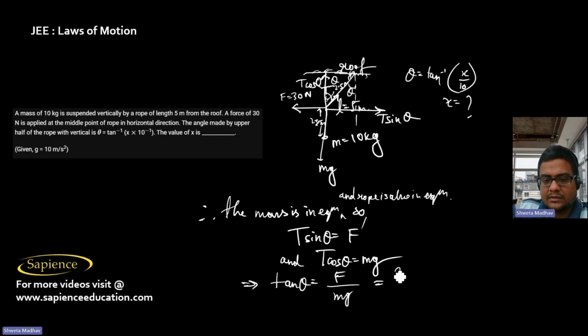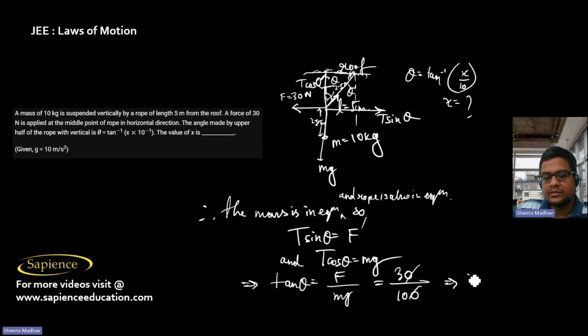Tan theta is 30 by mg, that is 10 into 10, that is 100.